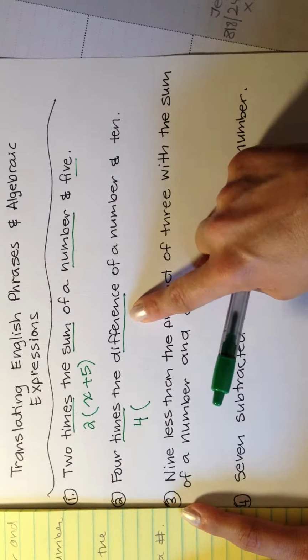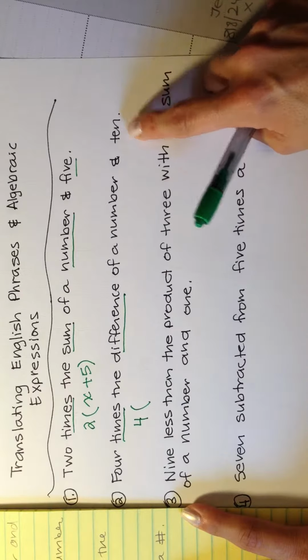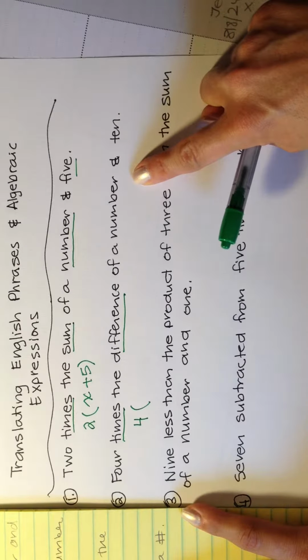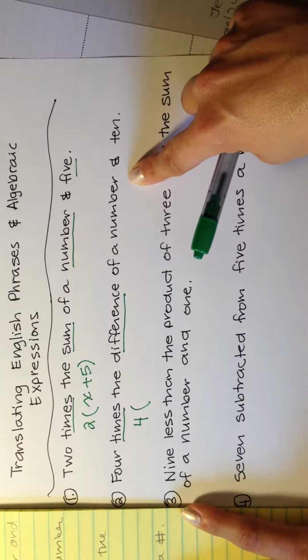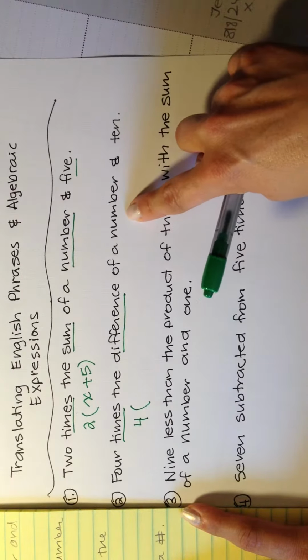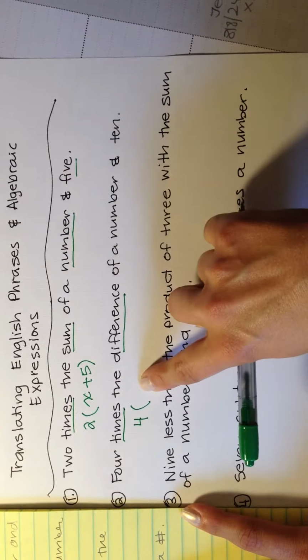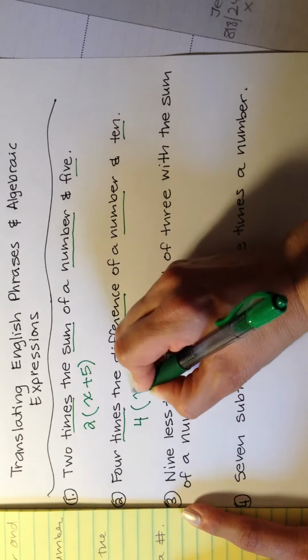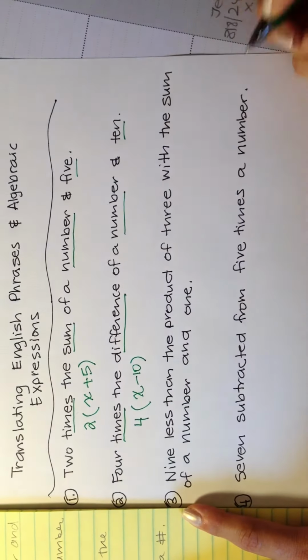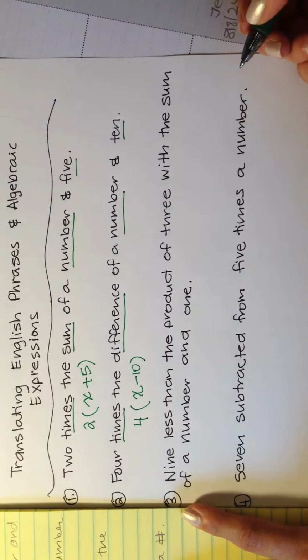So subtract what? A number and 10. When you're subtracting, make sure you write the items in the correct order. In this case, the order in which it's written is the order in which we translate. So we have x minus 10. And that would be our final answer.